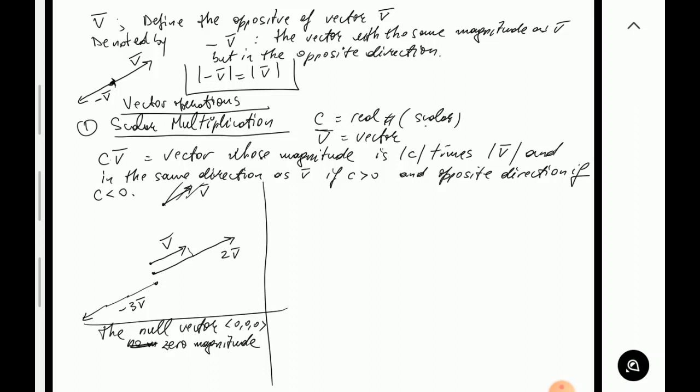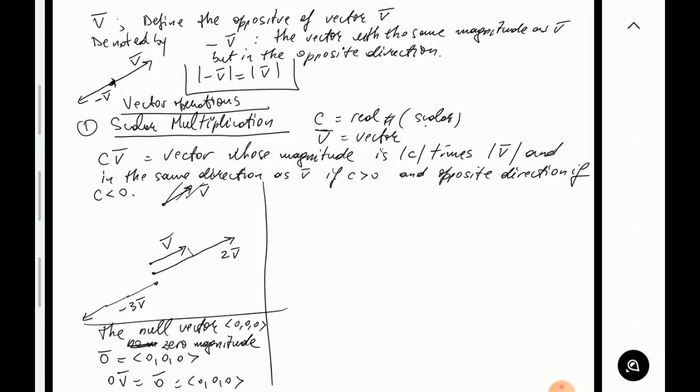So that's one of the necessities of this. Another notation for the null vector is 0 bar, to indicate that we talk about a vector of coordinates 0, 0, 0. And by convention, of course, the scalar 0 multiplied by any other vector is going to be the 0 vector, right? So the vector with 0 components, no matter what vector you multiply by 0.